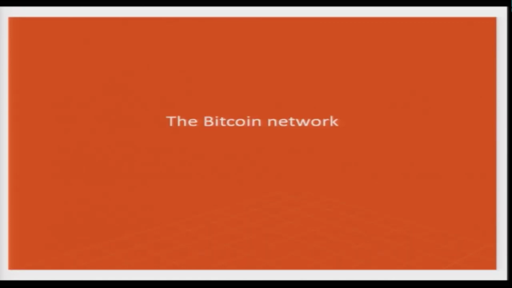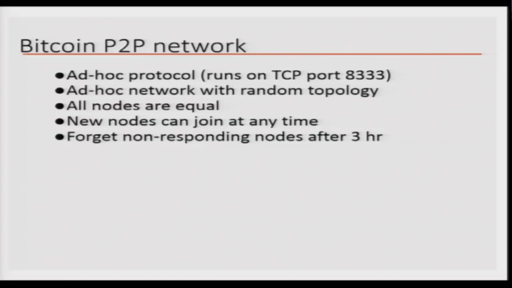So, now let us talk about the Bitcoin network. We said earlier that Bitcoin actually runs on a P2P network. The P2P network is basically an overlay network on top of the TCP/IP network, and on top of this P2P network is running the Bitcoin application level protocol. It is an ad hoc protocol, and it runs on TCP port number 8333.